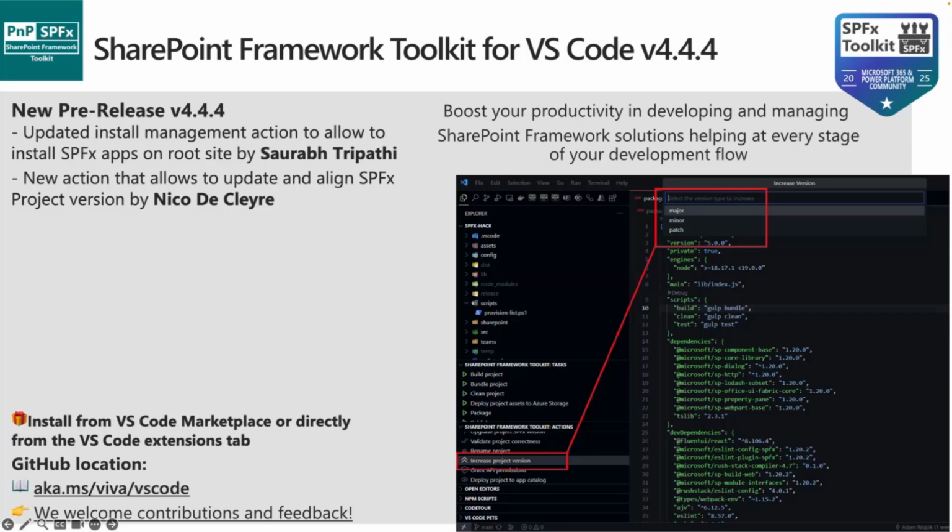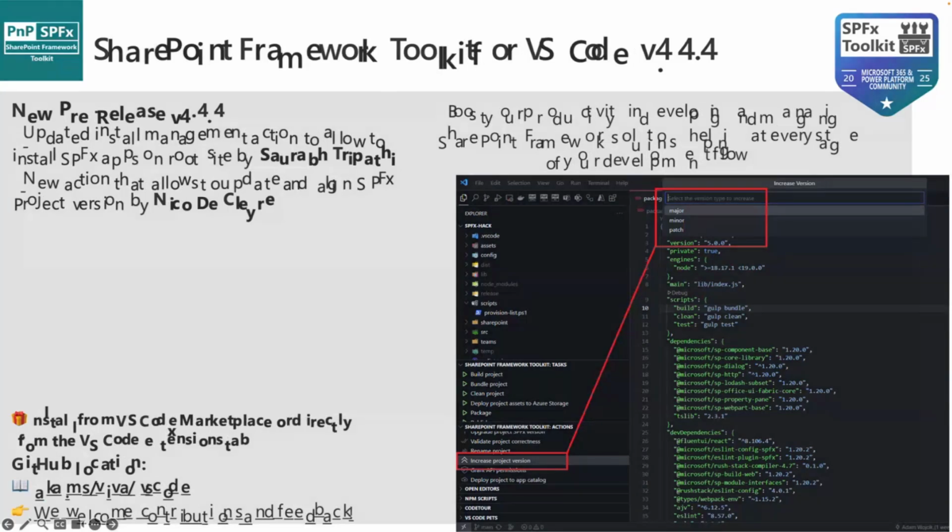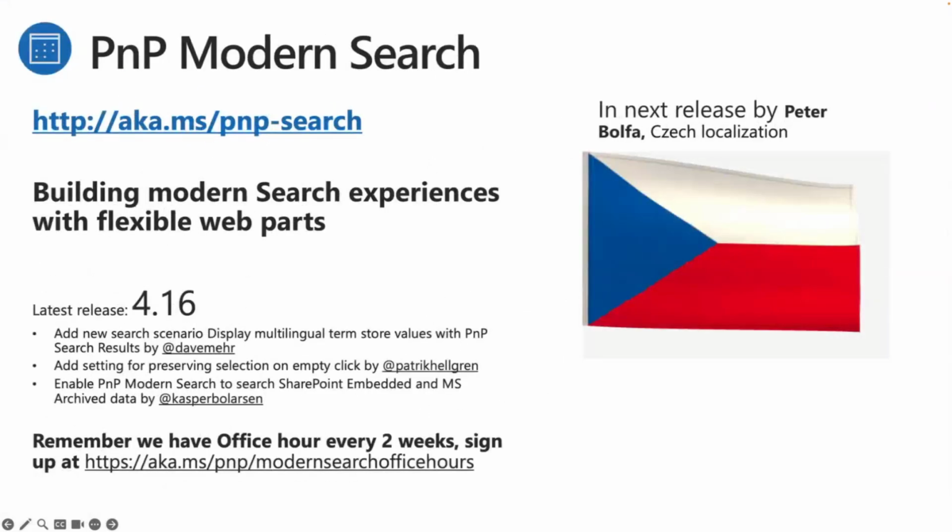All right, Casper. We have to welcome a new member of the family as far as language goes, because now we also have a Czech translation. Peter Bolfer asked us why there weren't any Czech localizations, and we said, because none of us really speak Czech, and he did.